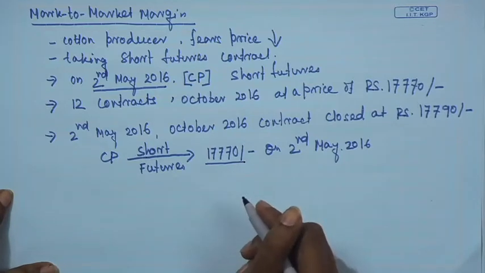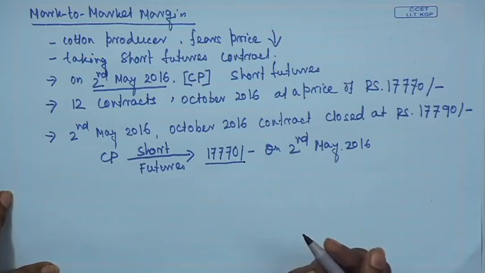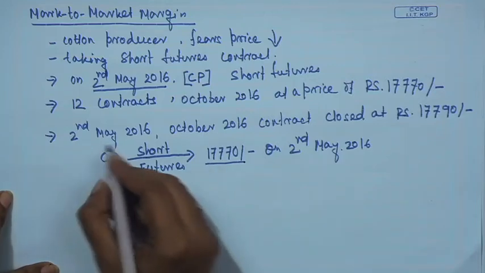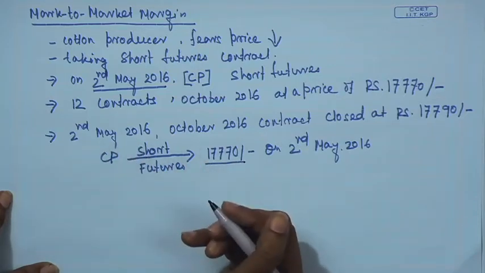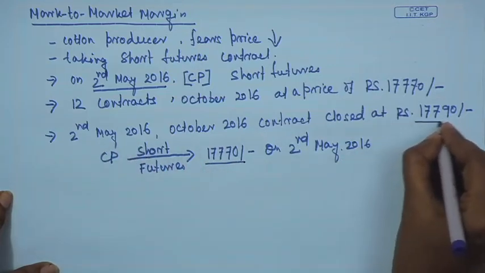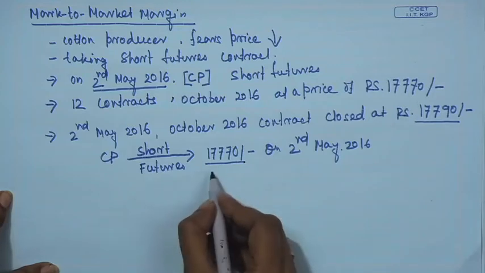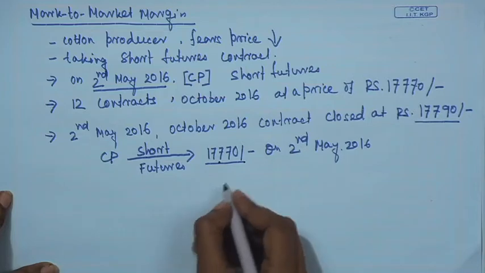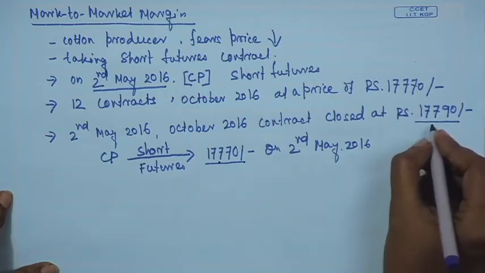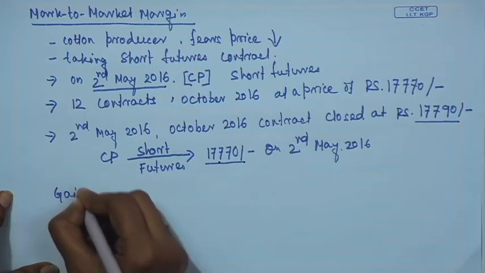Now what option is available to him? If he would like to square up this contract by the end of the day, that is 2nd May 2016, he can do so at a price of 17,790. So he sold at 17,770, and he can buy the same thing only at 17,790. So what is the gain or loss?